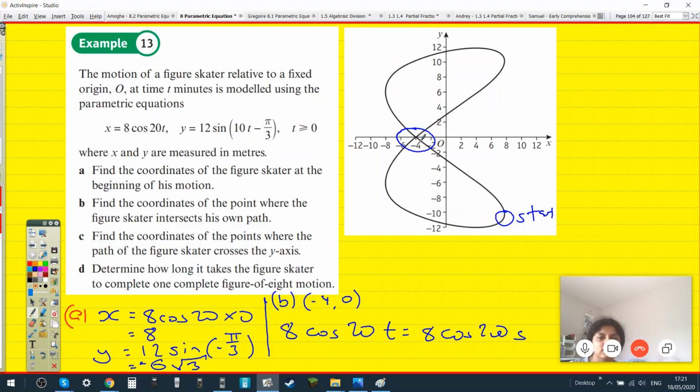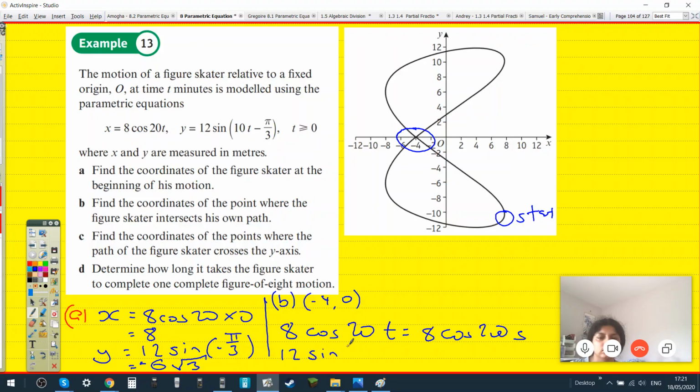Basically, it's when the x coordinate is the same. It's the same x coordinate twice, but at different times. It's the same y coordinate twice, but with different times.